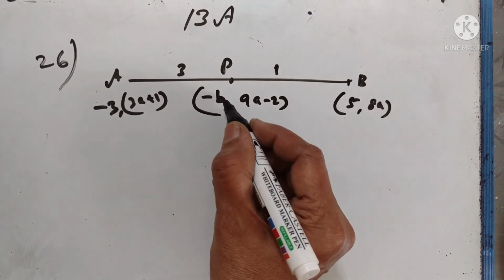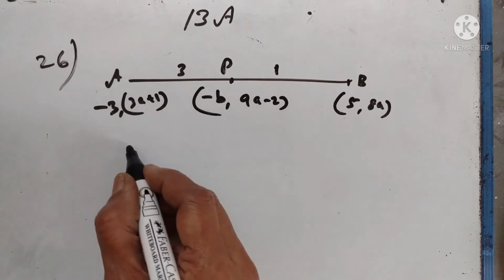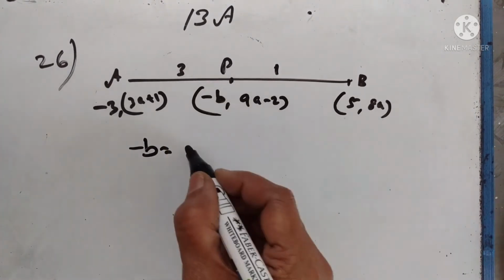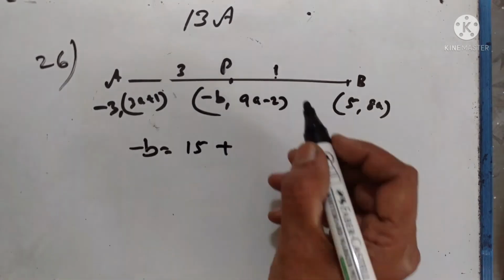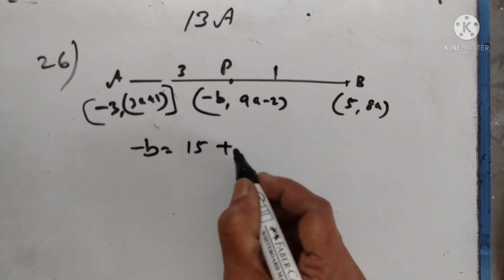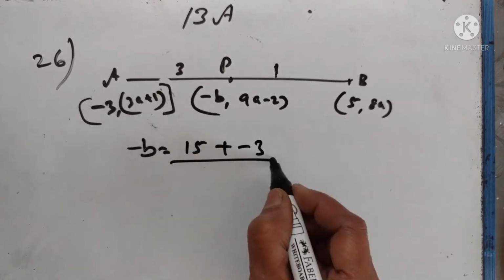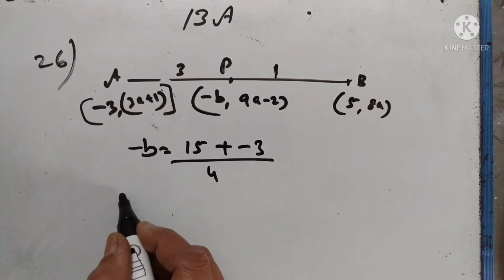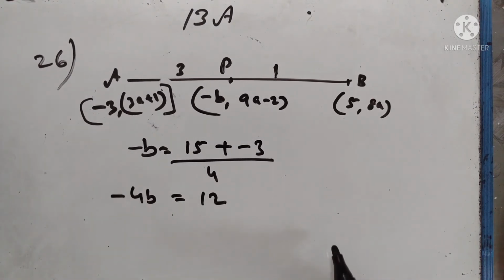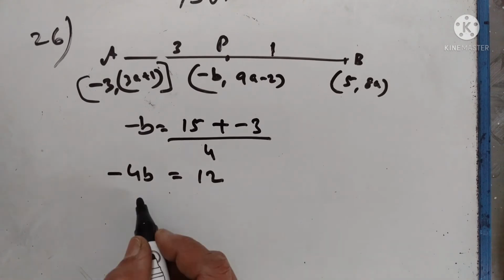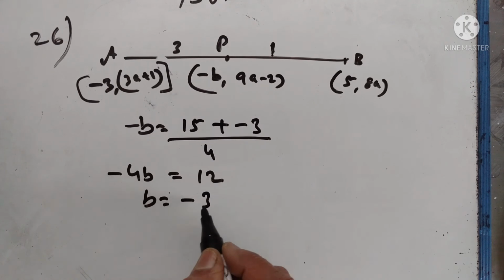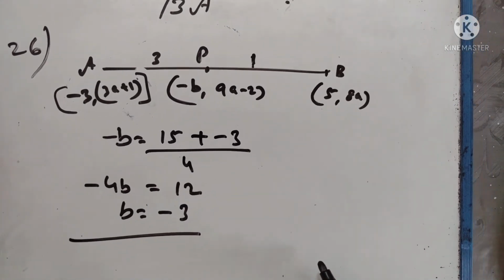So the x coordinate of this point of intersection is equal to (m1 into x2, 3 into 5 is 15, plus m2 into x1, minus 3) upon (m1 plus m2). So -4b is equal to 12. So b is equal to 12 divided by -4, that is -3. b is equal to -3.